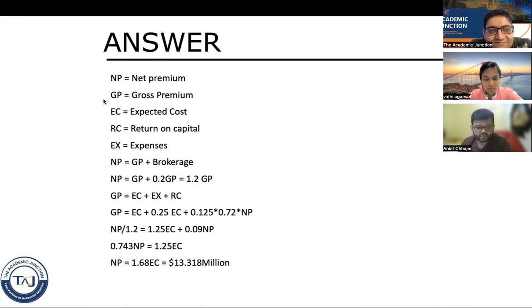GP minus brokerage should be net premium, isn't it? Your net premium is that right? Shouldn't it be GP minus brokerage? How is it GP minus brokerage?